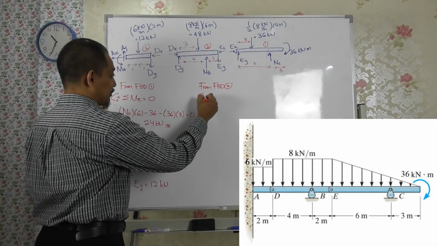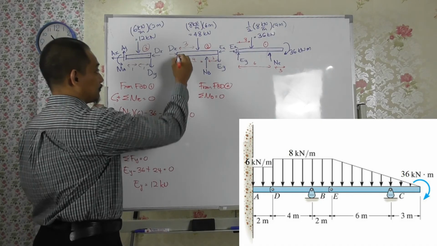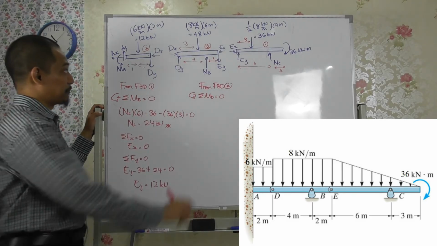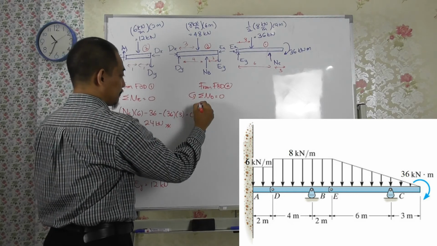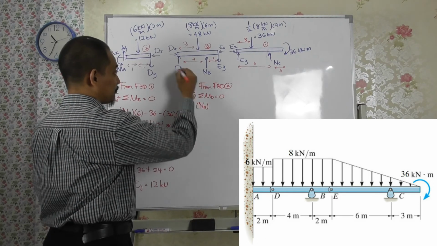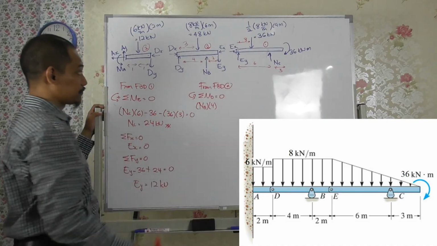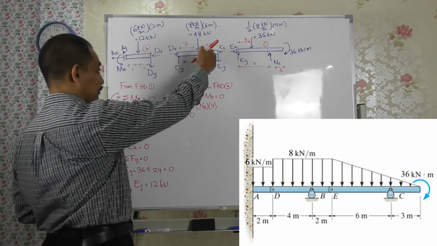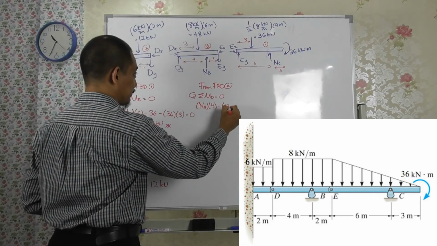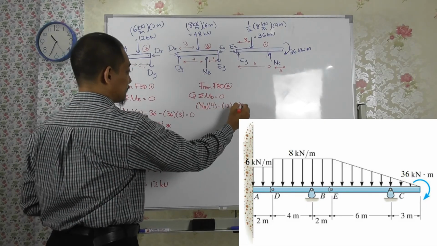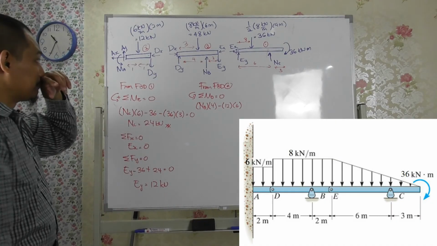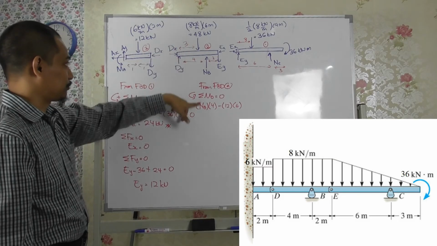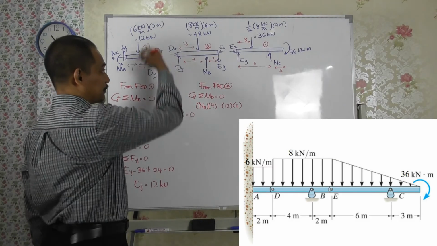So we can take summation of moment about point D equal to 0, right? Here. So if I take counterclockwise as positive, NB is counterclockwise. So NB times the distance of 4. And then Ey is 12. So it's clockwise, so minus 12 times the distance of the whole thing is 6, right? And then you have this 48 that is also producing clockwise, sorry.